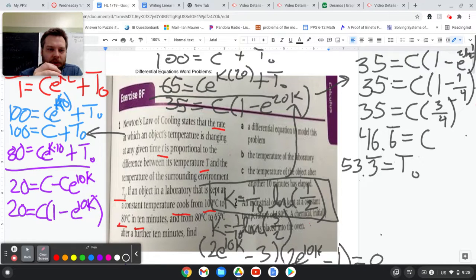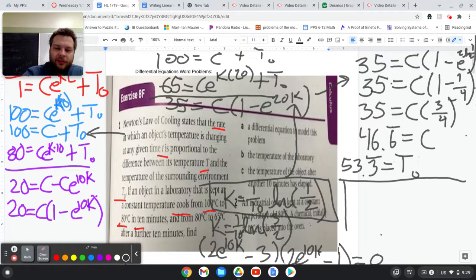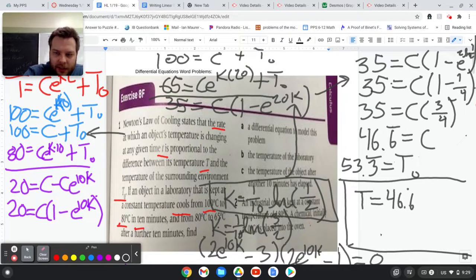And so in order to then answer the last question, what is the temperature of the object after another 10 minutes has elapsed? You say the temperature is the c value, 46.6, e to the kt, so we go to the 1/10 natural log of 1/2, now we're talking 30 minutes, plus the temperature of the surrounding environment, 53 1/3.